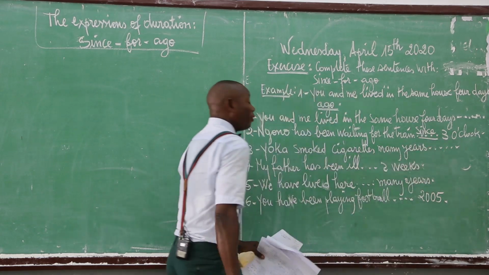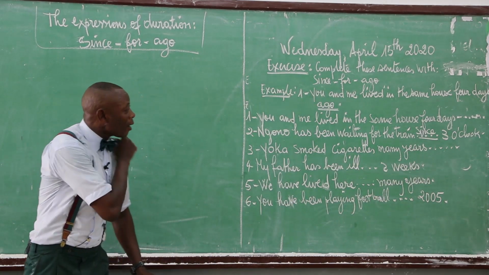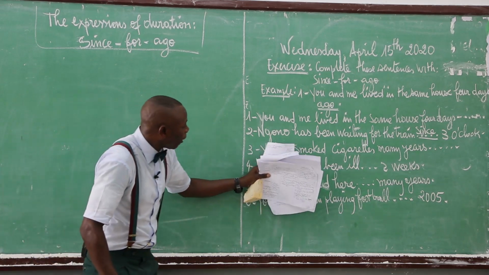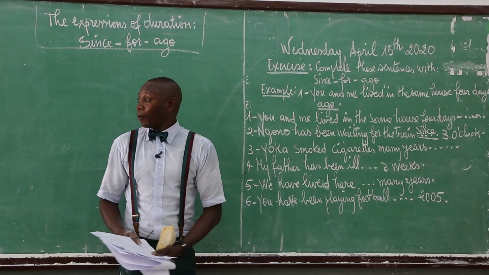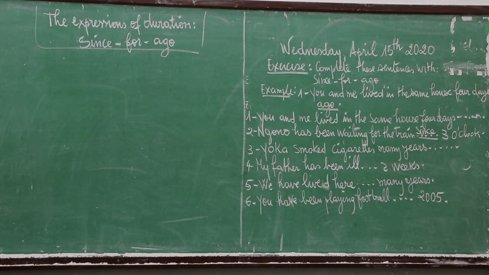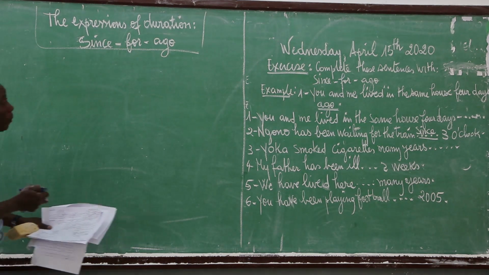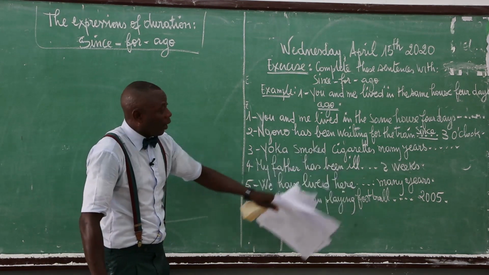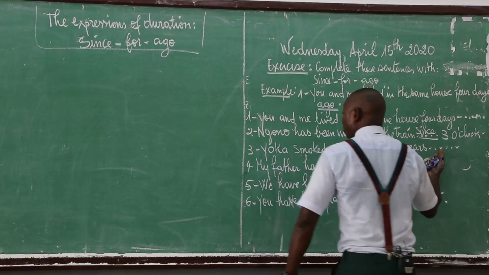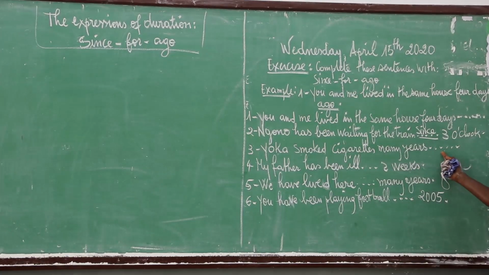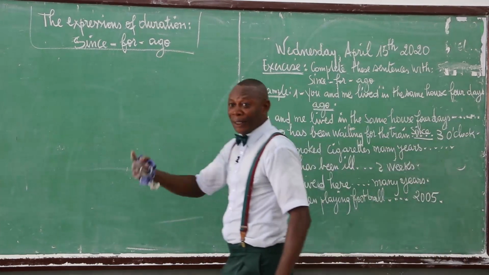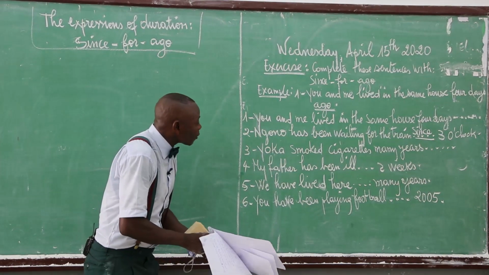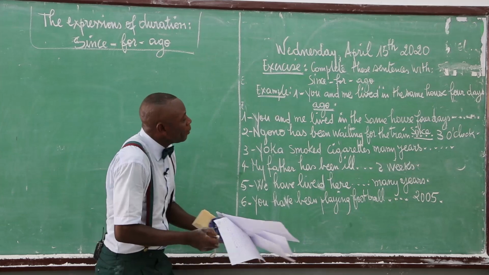The second sentence. Yoka smoked cigarettes many years. When you see the structure of this sentence, you find that the verb is in the past, and we have a dot at the end. So, without thinking a lot, we say ago: Yoka smoked cigarettes many years ago.